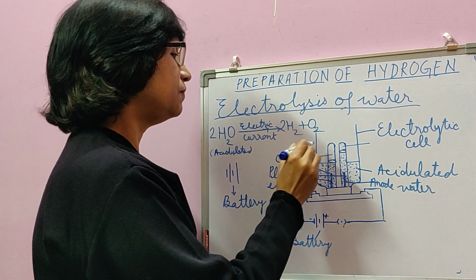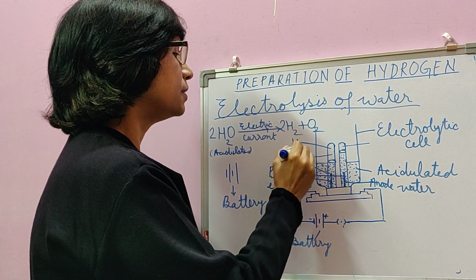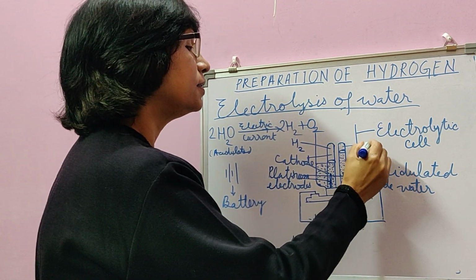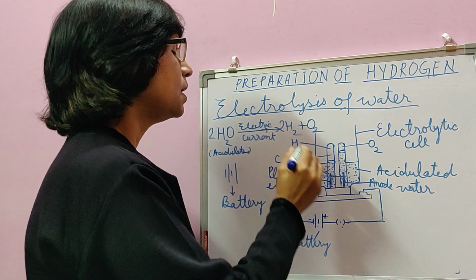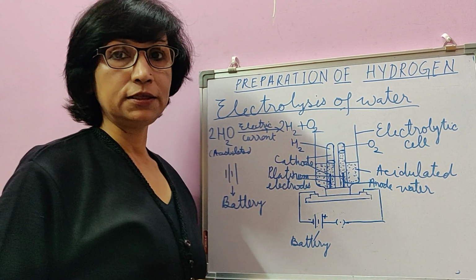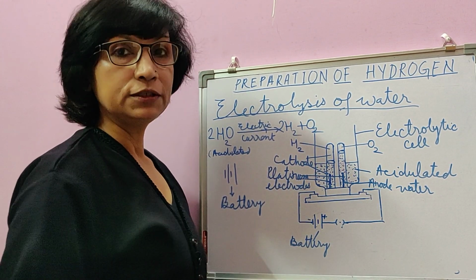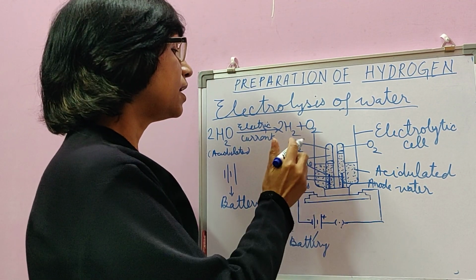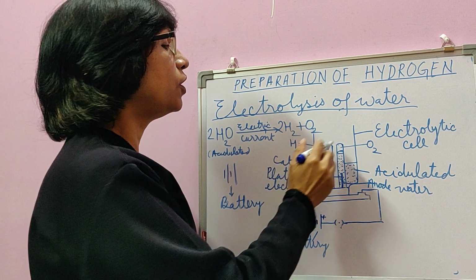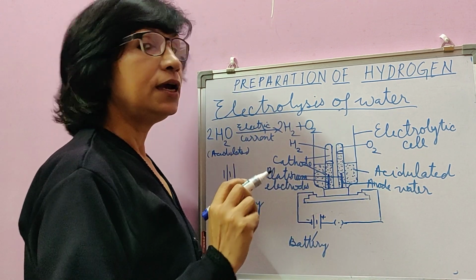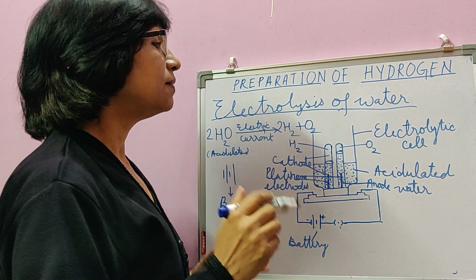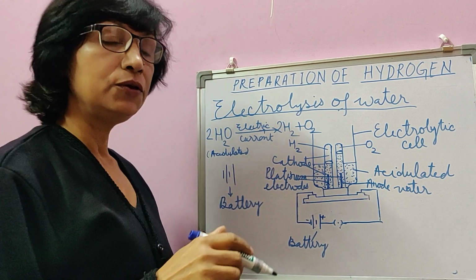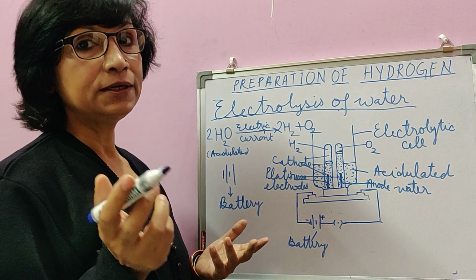Later when we test, then we come to know that here the gas is hydrogen and here the gas is oxygen. So we don't only come to know by this method that water molecule is composed of hydrogen and oxygen, but we also come to know that hydrogen, as we get double in volume in comparison to oxygen, is double in number in the molecule of water in comparison to oxygen.